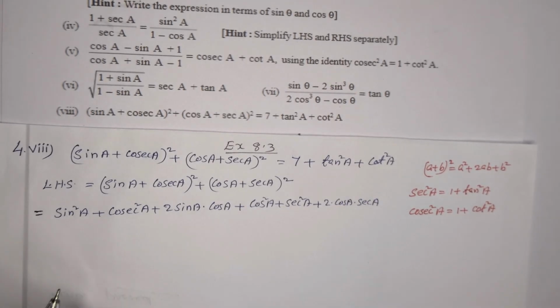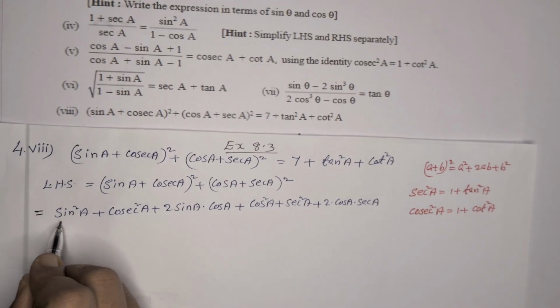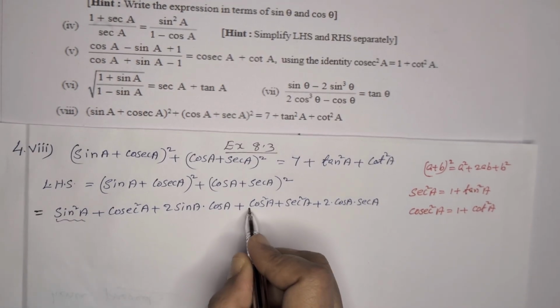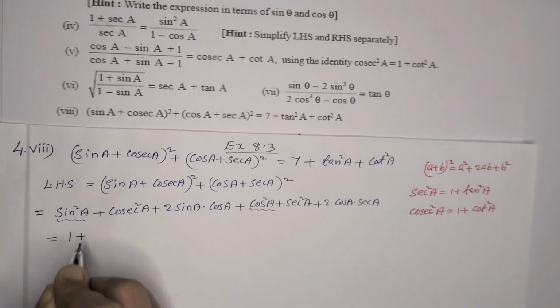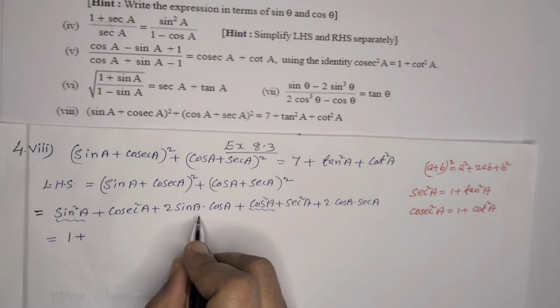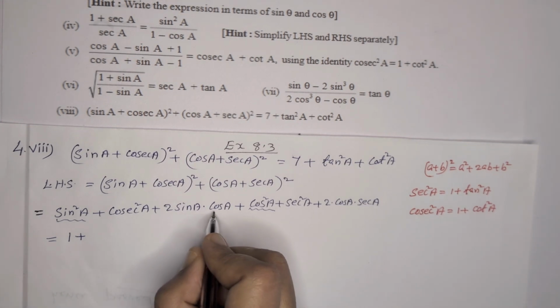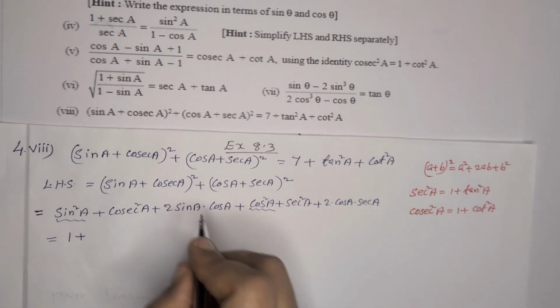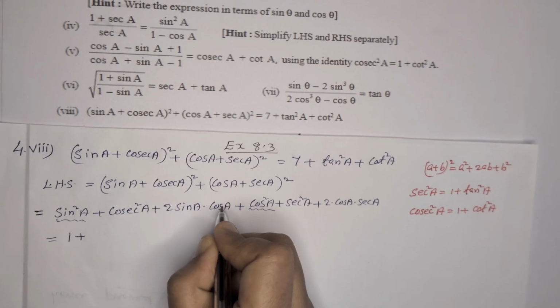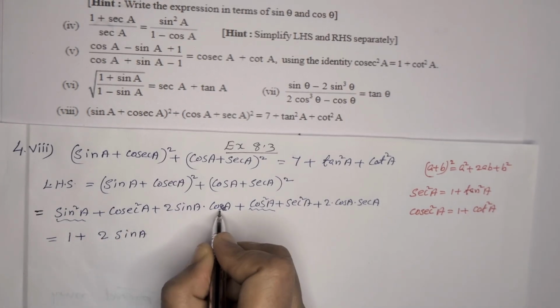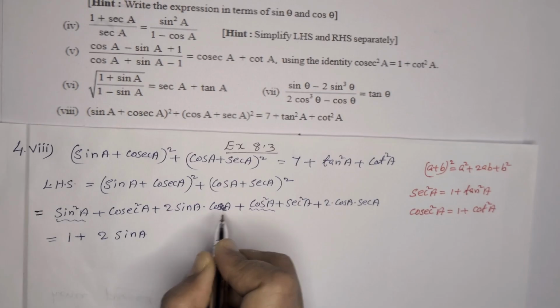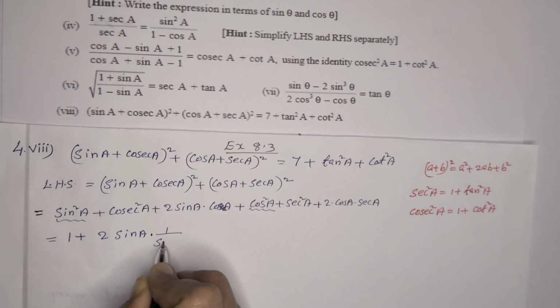So we open both the brackets. Now we can see this sin square A plus cos square A as 1. So we can write that is equal to 1 plus, again 2 sin A cosec A. We can write that as 2 sin A into cosec, and cosec means 1 by sin A. So this will cancel.